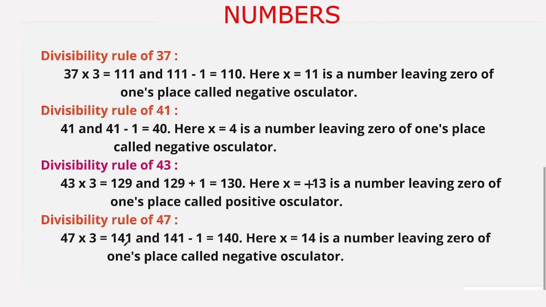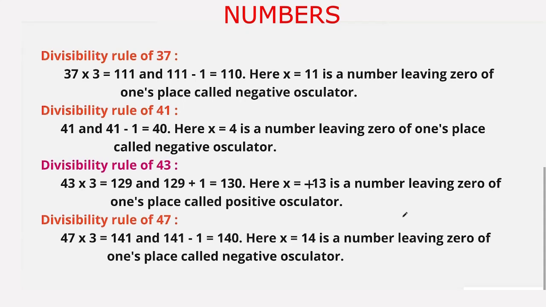So 141 minus 1 equal to 140, and after leaving this 0 we get 14. So the value of oscillator x equal to 14, and as we are subtracting 1 from 141, so it is negative oscillator.